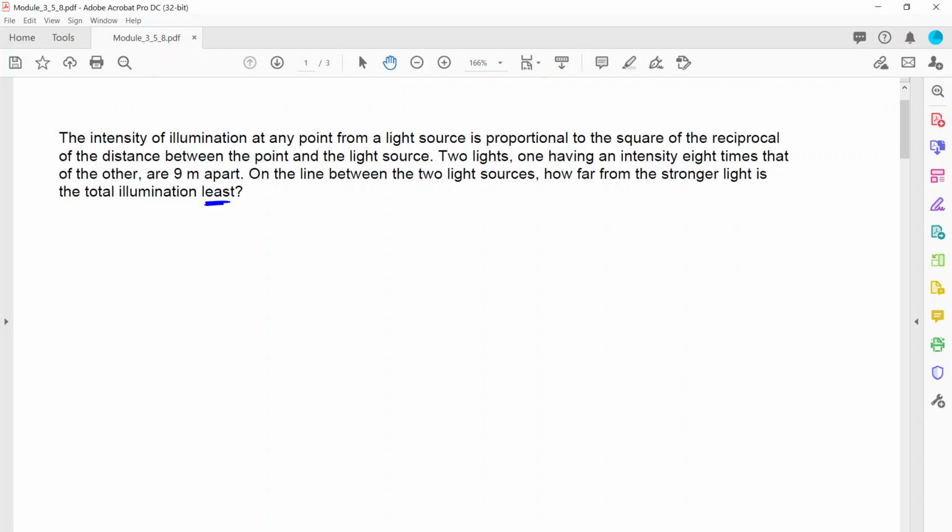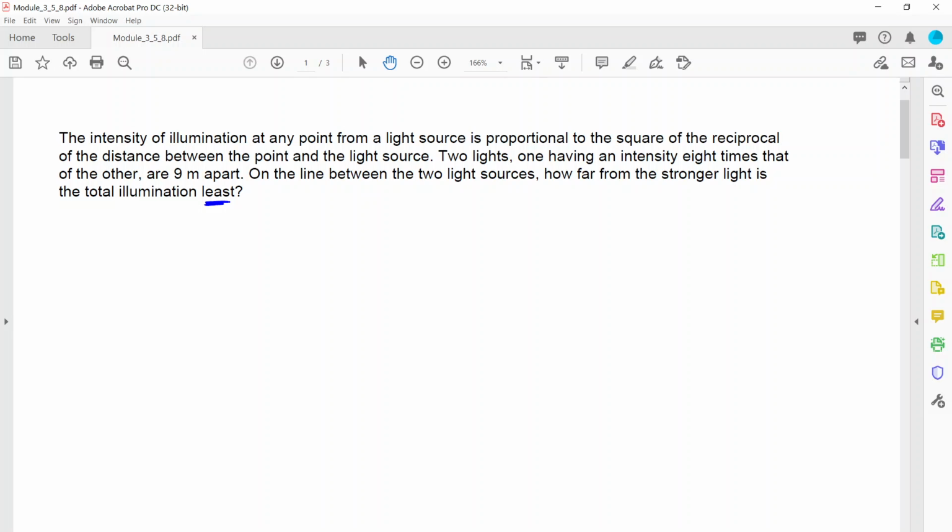So the first thing you need to understand in this problem is you have to create a function, and then use the first derivative to find the critical points, and then the second derivative to find out the minimum or maximum value using the critical points.